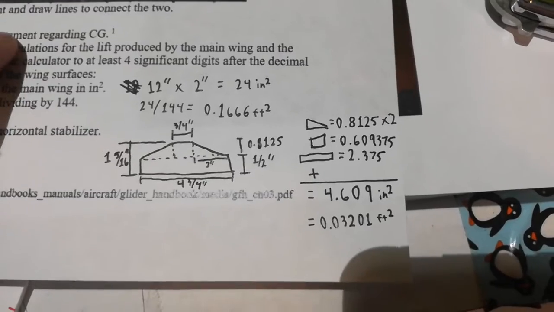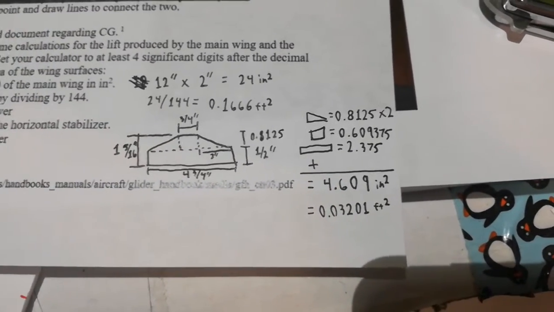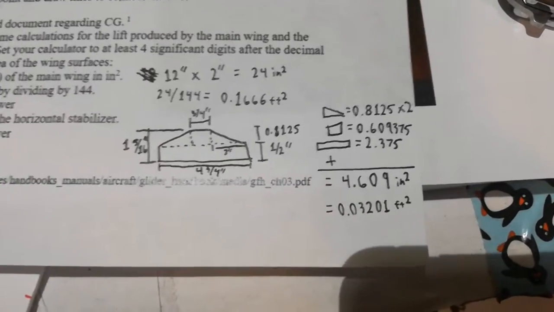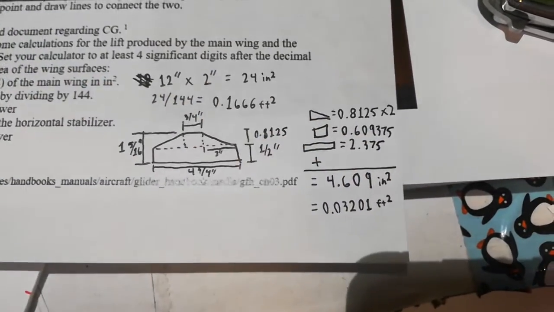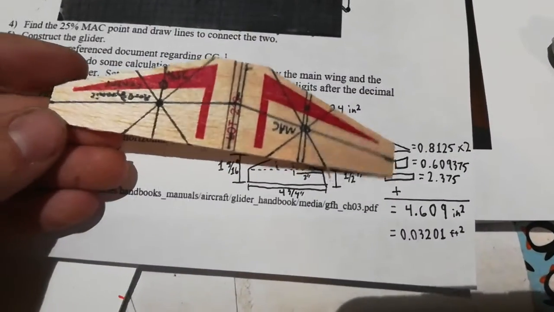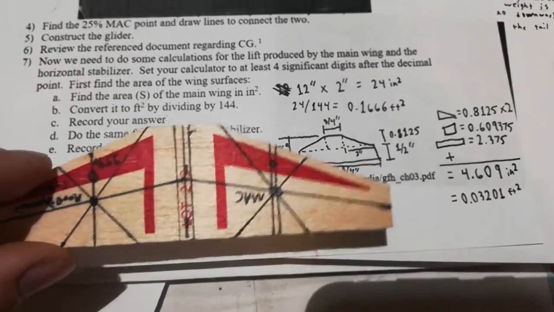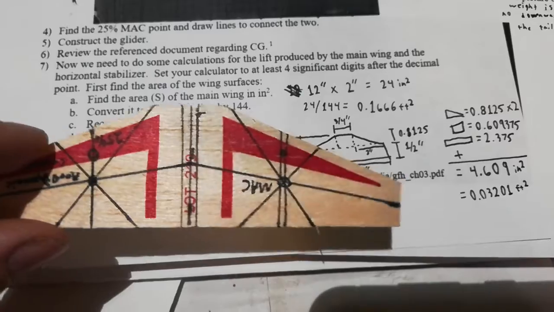Right here we have the calculations for the area, and that leads into the calculations for the lift of the horizontal stabilizer, where we have the various dimensions for this not normal hexagon. I suppose irregular hexagon is the proper terminology.